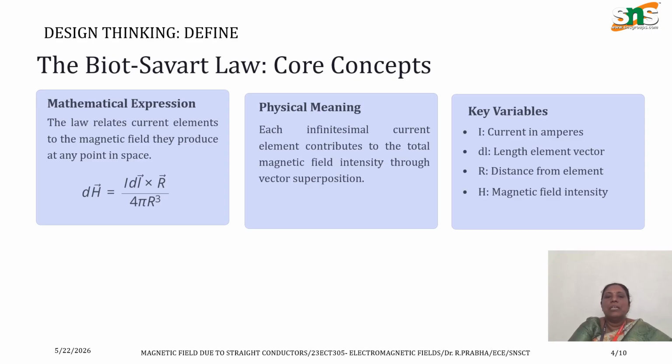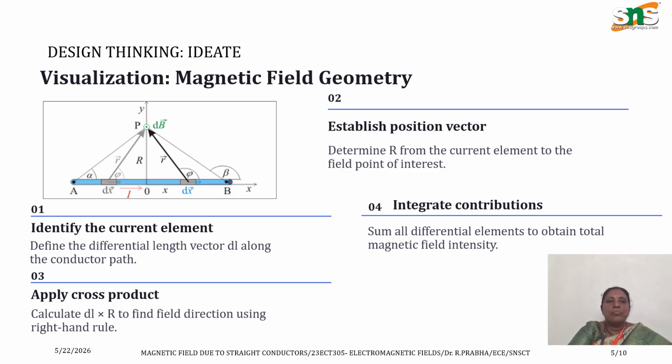The physical meaning of this Biot-Savart's law is that each infinitesimal current element contributes to the total magnetic field intensity by using the vector superposition principle. The key variables involved are I, the current, in amperes, dl is the length of each element, r is the distance from the current element, and H is the magnetic field intensity.